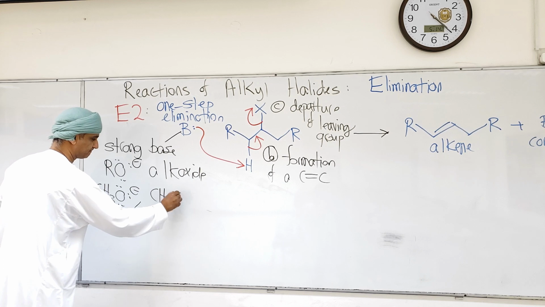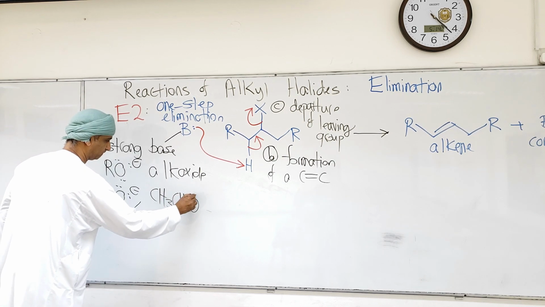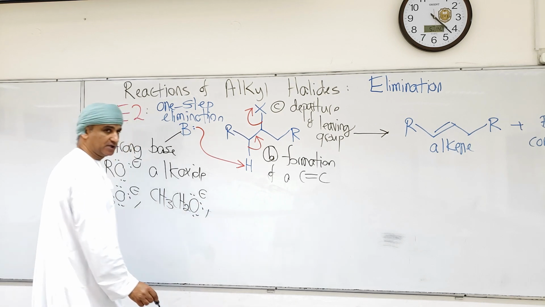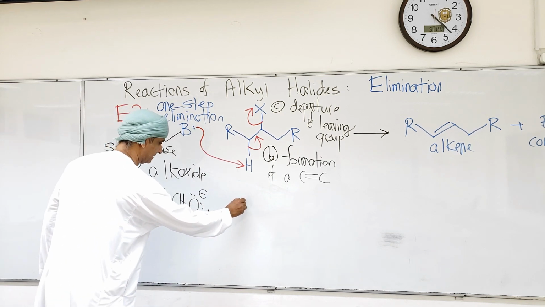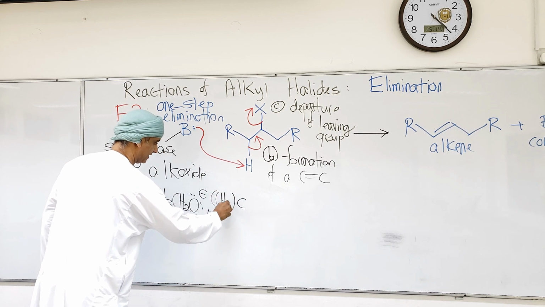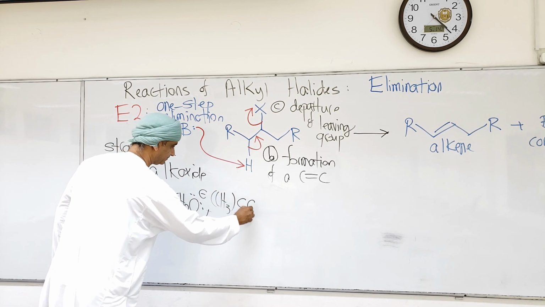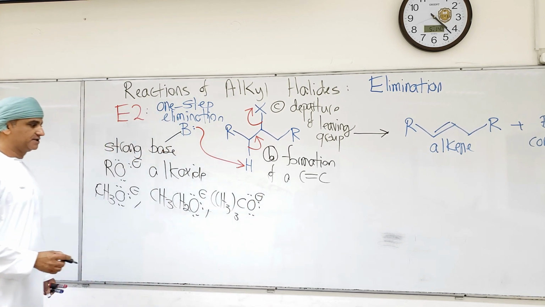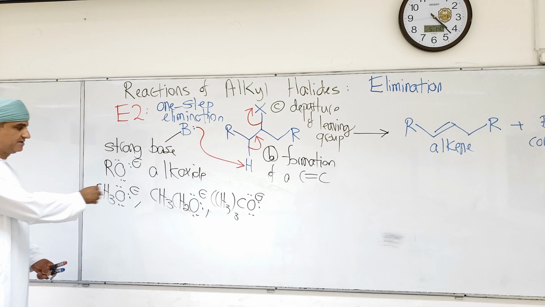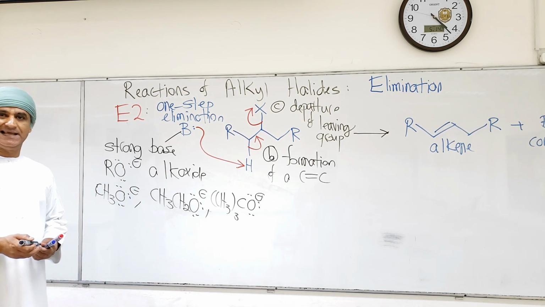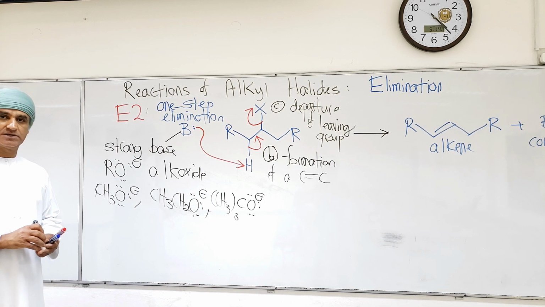Ethoxide ion, and even the bulky t-butoxide ion. This is an example of a strong bulky base. These are only three selected examples of alkoxides, and there are of course more, that could be used in E2 reactions.